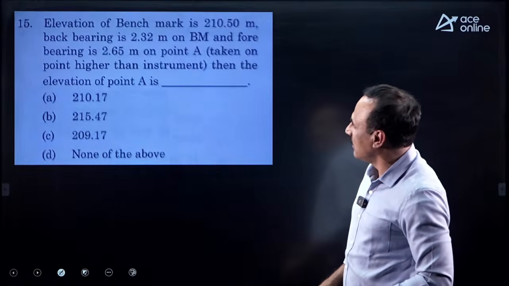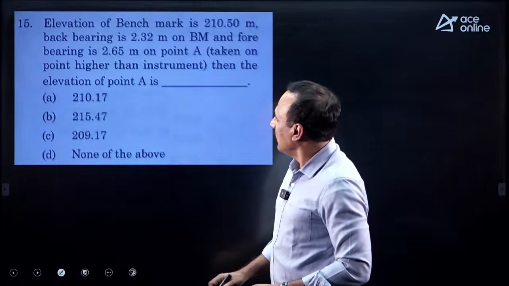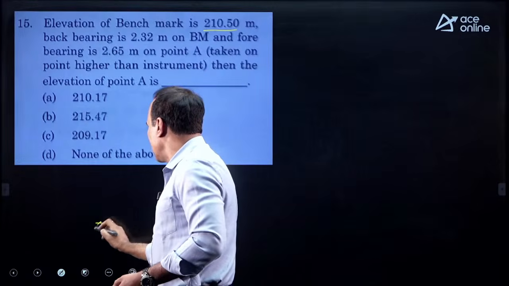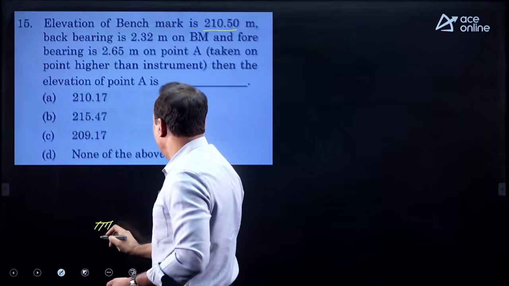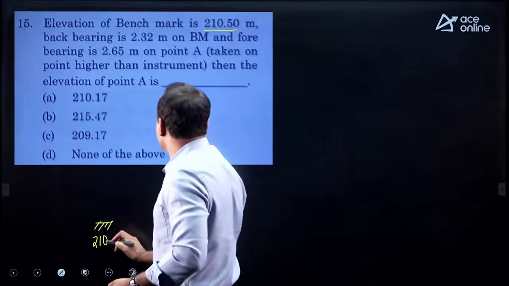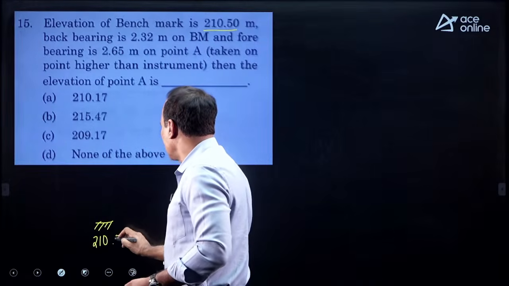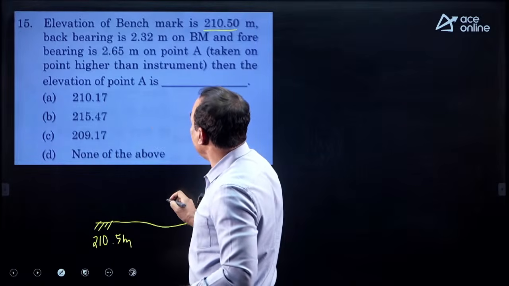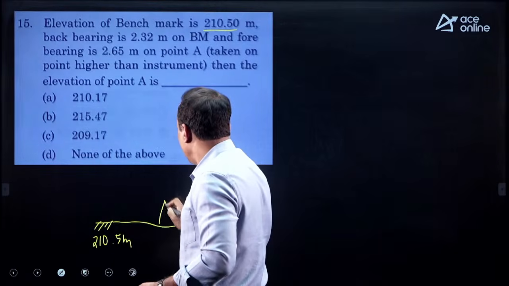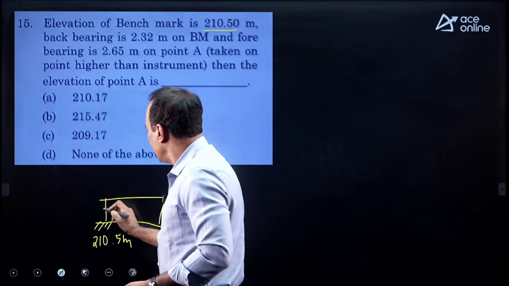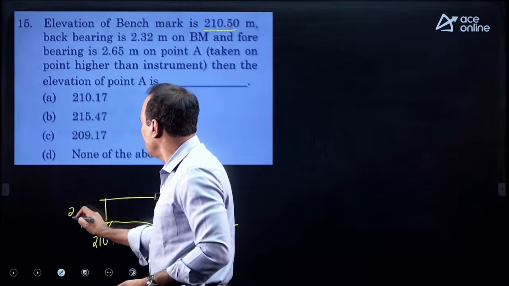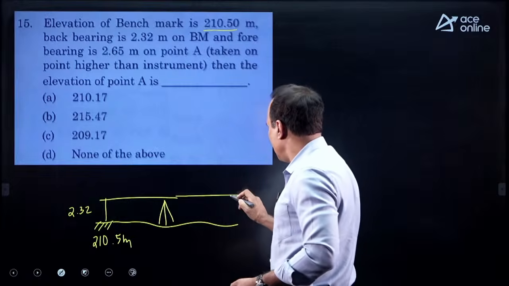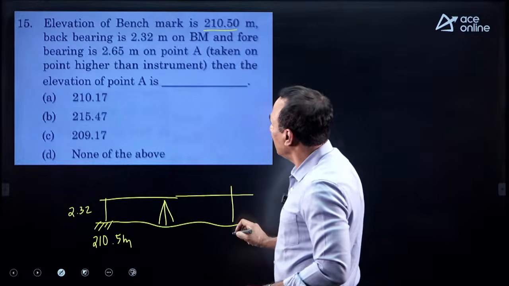Next, coming to this question, the elevation of a benchmark is given. Say suppose the benchmark elevation is given as 210.5 meter. The back staff reading here is 2.32, and there is a point on the front side.